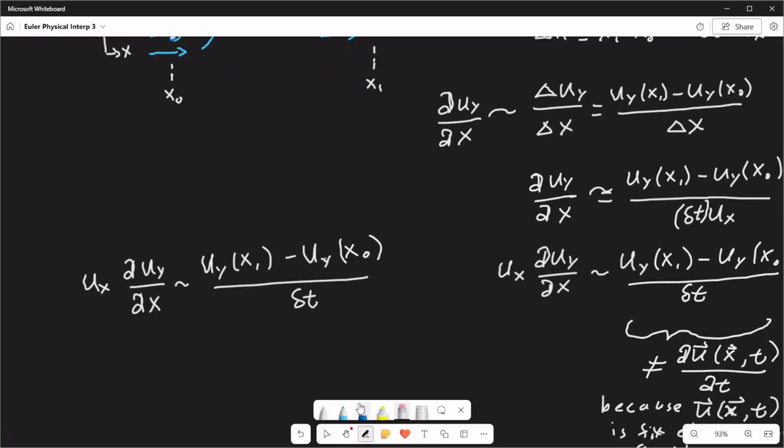So this goes like an ay, but it's a special type of acceleration.